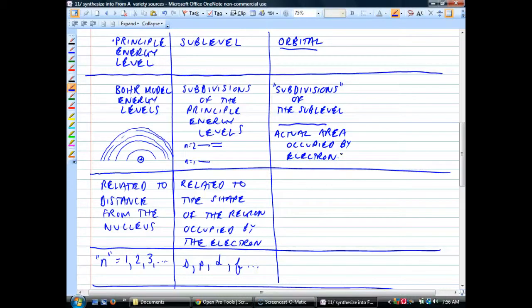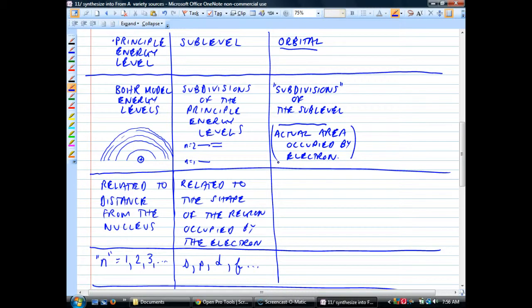So maybe the electron's just a wave, just a vibrating piece of energy. And you could think about it either way. So the actual area occupied by the electron is the orbital, and this is the way that Salman Khan was talking about it. It's the region of space where you would find the electron.